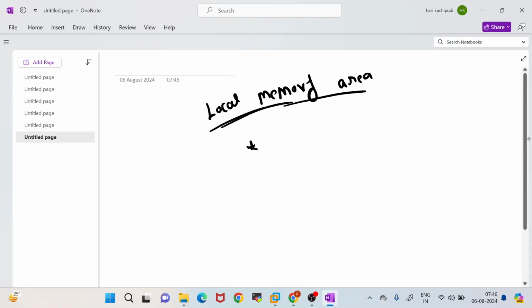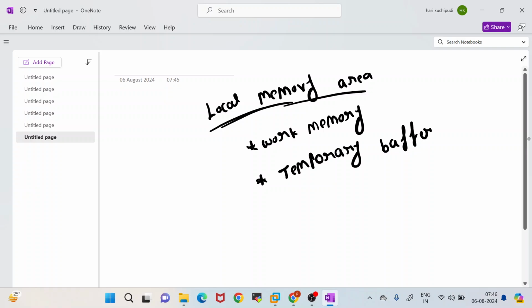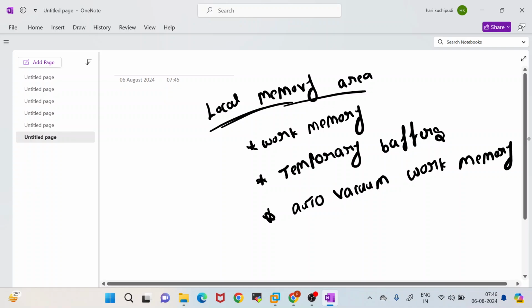The different components are: first, work memory; second, temporary buffers; third, autovacuum work memory; and fourth, maintenance work memory.